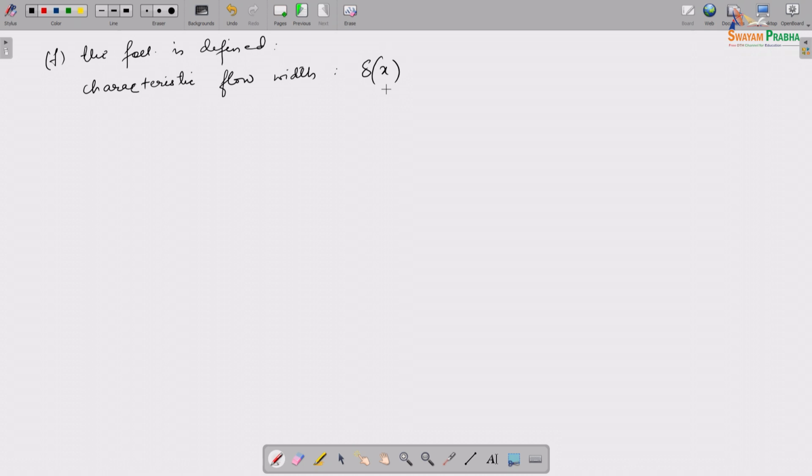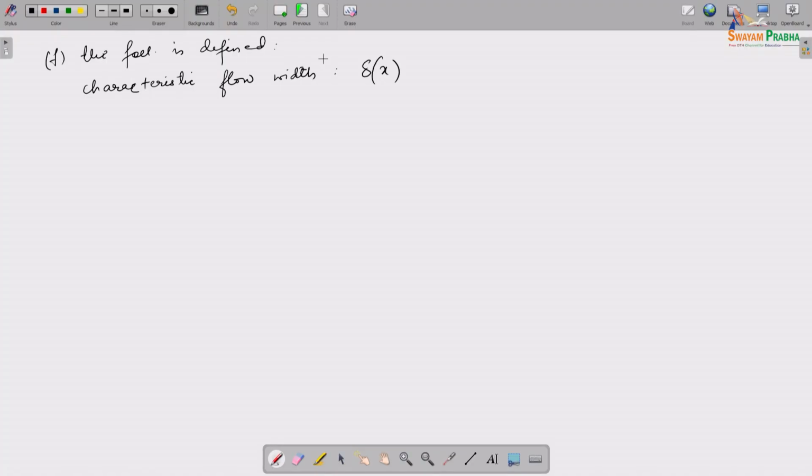So, delta is essentially the boundary layer thickness. It's just a characteristic flow width. Given any flow, I have a characteristic flow width, which is say delta x. Okay. Characteristic convective velocity, which I'm going to call this, and the characteristic velocity difference, the velocity difference between the velocity there and the ambient.